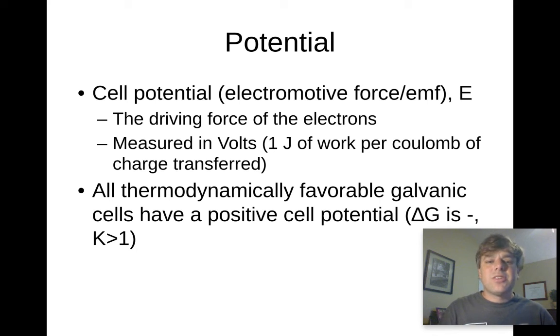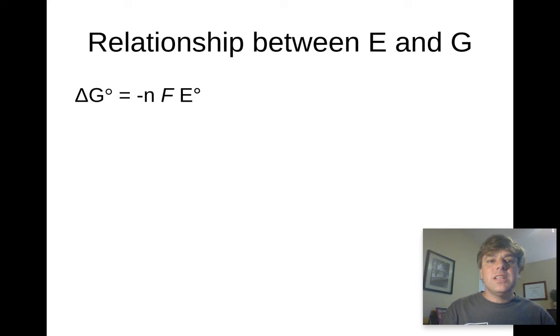And as you might guess, there's a relationship between these things. Specifically, ΔG° = −nFE°, where E° is your cell potential under standard conditions, and ΔG° is Gibbs free energy under standard conditions. There's a negative sign there.